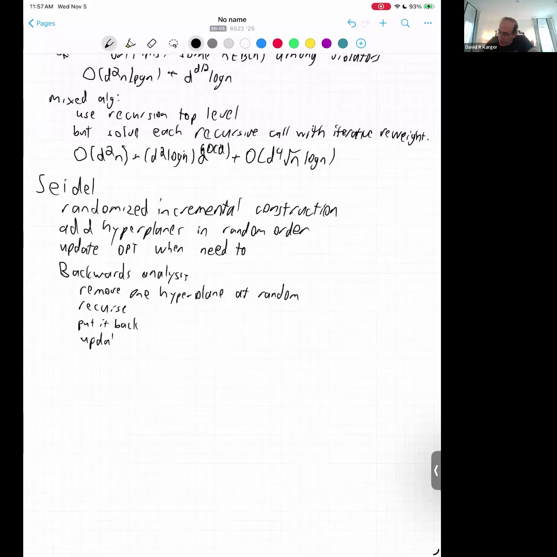And then update the optimum if necessary. Make sense as an algorithm? Clear? I think it is not that clear how we would update the optimum when we need to. There is that little detail. I'll have to get to that.